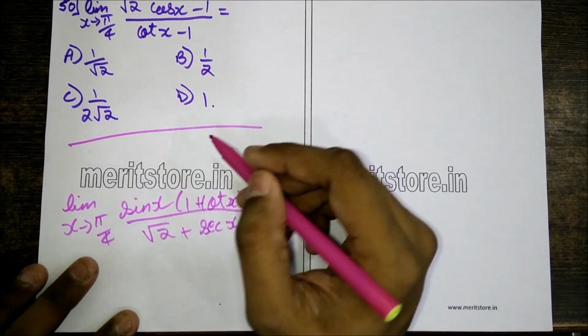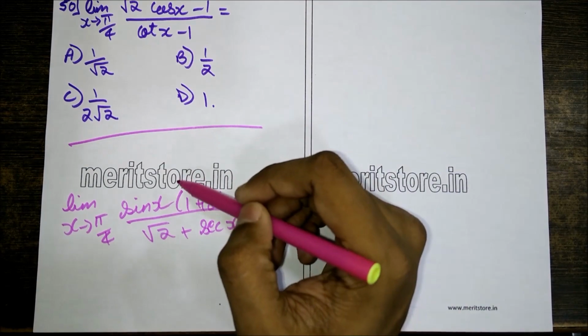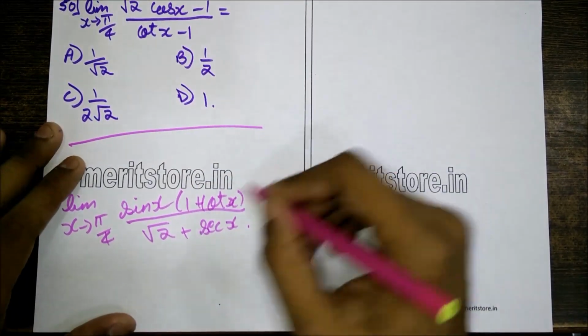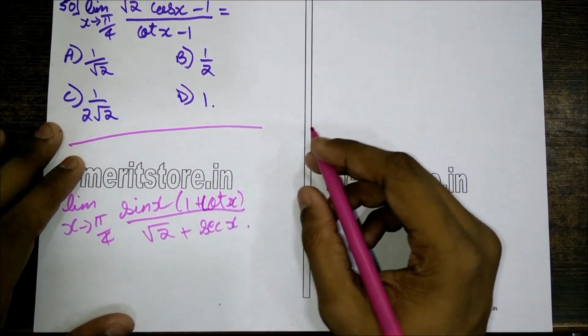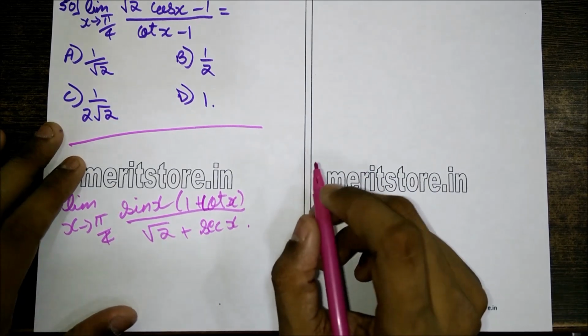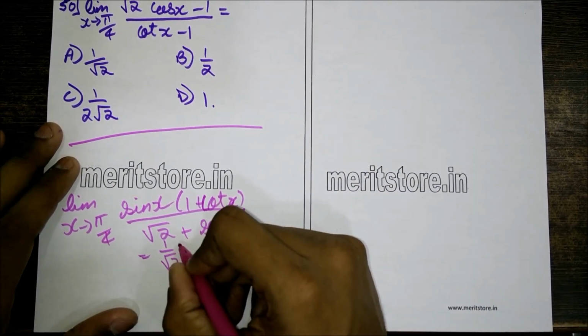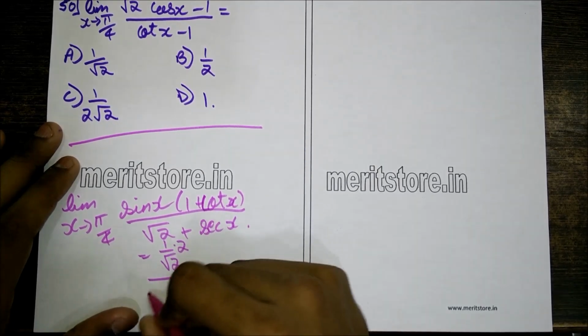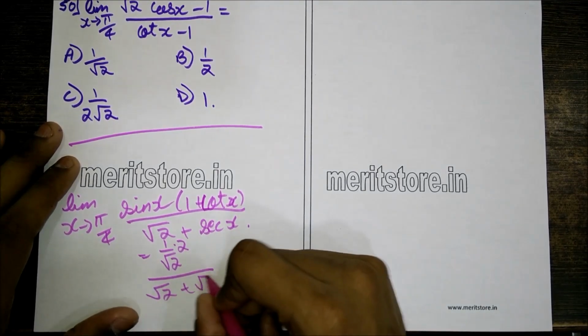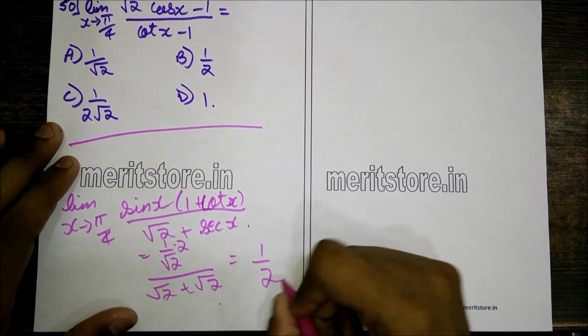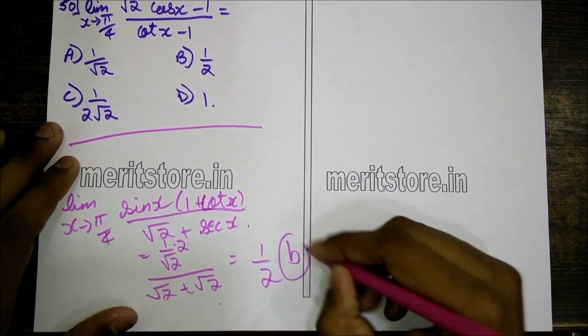This we get by writing everything in terms of sin x, and we could simplify it further. Now we can apply the limit of x tends to pi by 4, giving us 1 by root 2 into 2 upon (root 2 plus root 2), that is 1 by 2, or option B.